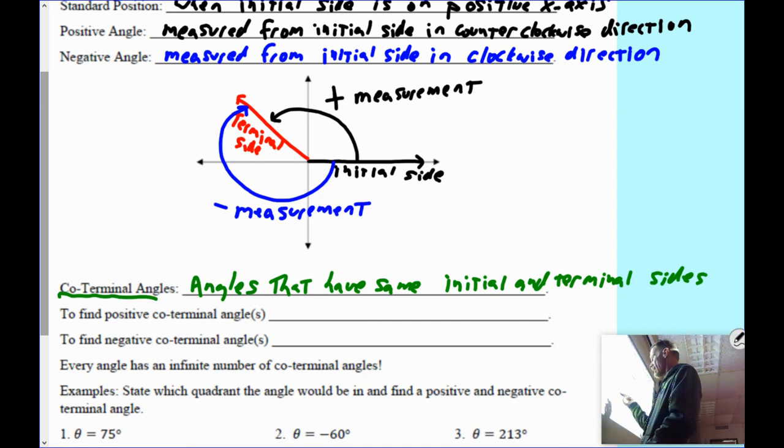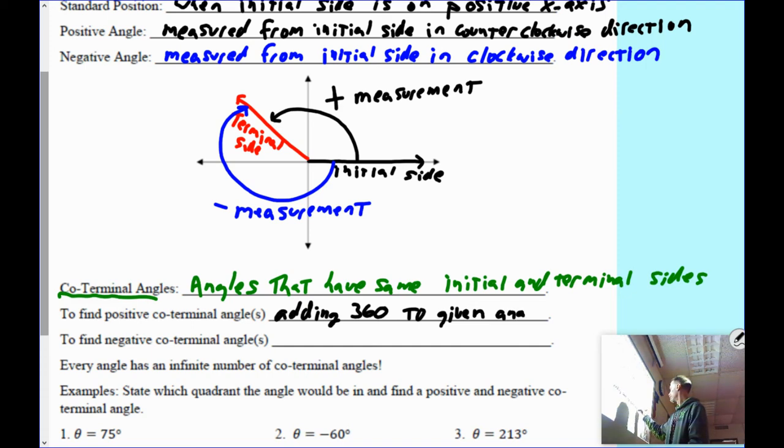So if you want to find a positive coterminal angle, as long as you know the initial angle in standard position, then you can find any positive coterminal angle just by adding 360 to the given angle. I call that adding a lap, because one lap is 360 degrees. And then a negative coterminal angle, well, go figure, instead of adding, we're going to subtract. That's all there is to it.